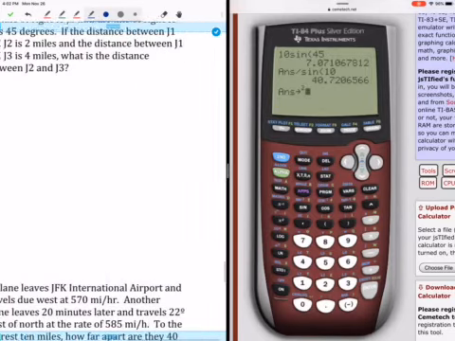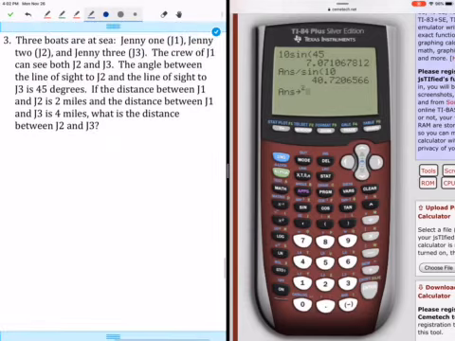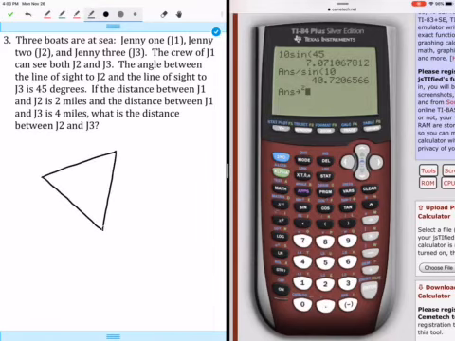Alright, for the second one, 3 boats are out at sea, so we could go ahead and sketch. We know we're going to have a triangle. The boats are named Jenny 1, Jenny 2, Jenny 3. The crew of Jenny 1 can see both J2 and J3.